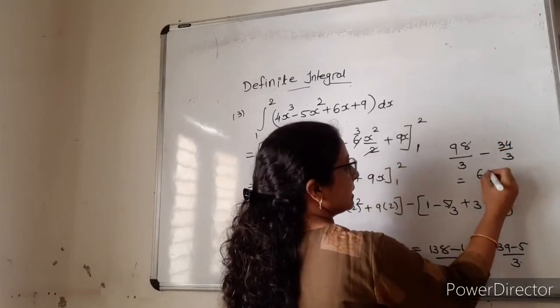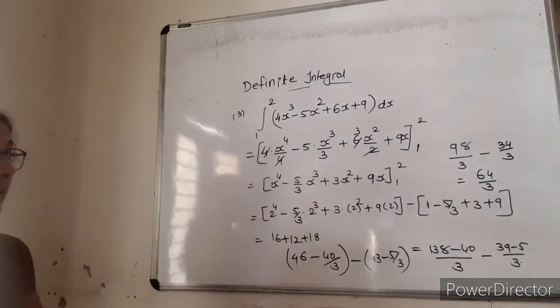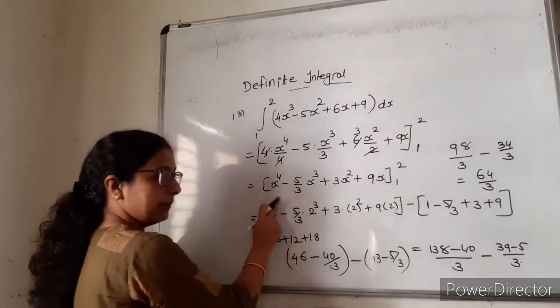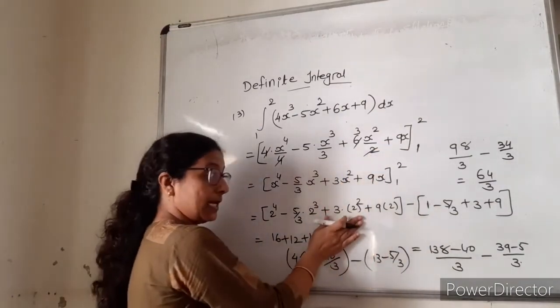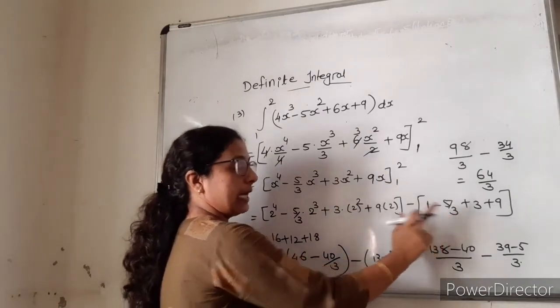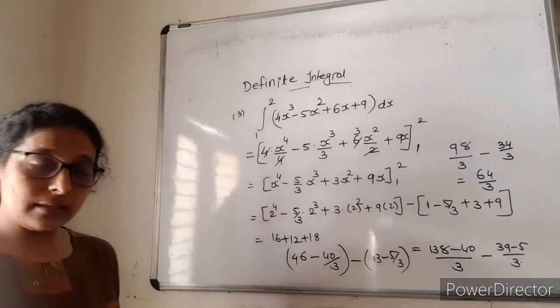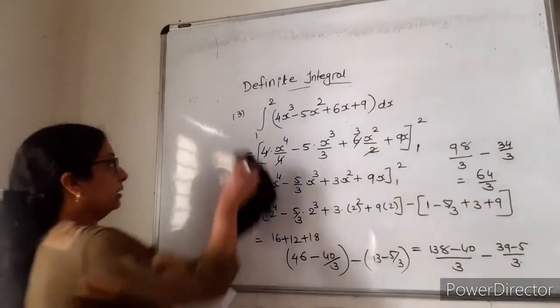So 64 by 3 is our answer. Right? So this way you just find this integration separately. Put the limit: this is f of b minus f of a, f of 2 minus f of 1. Right? Okay. This is our question number 3.